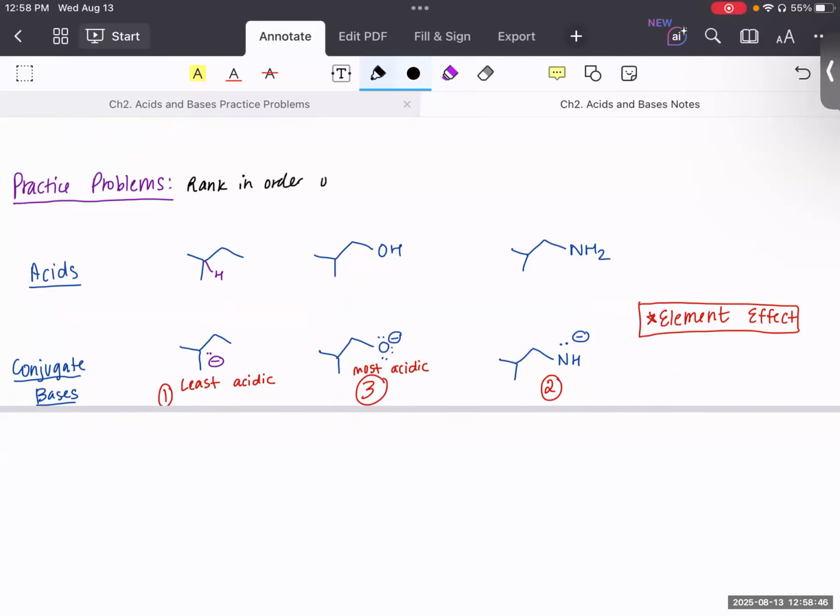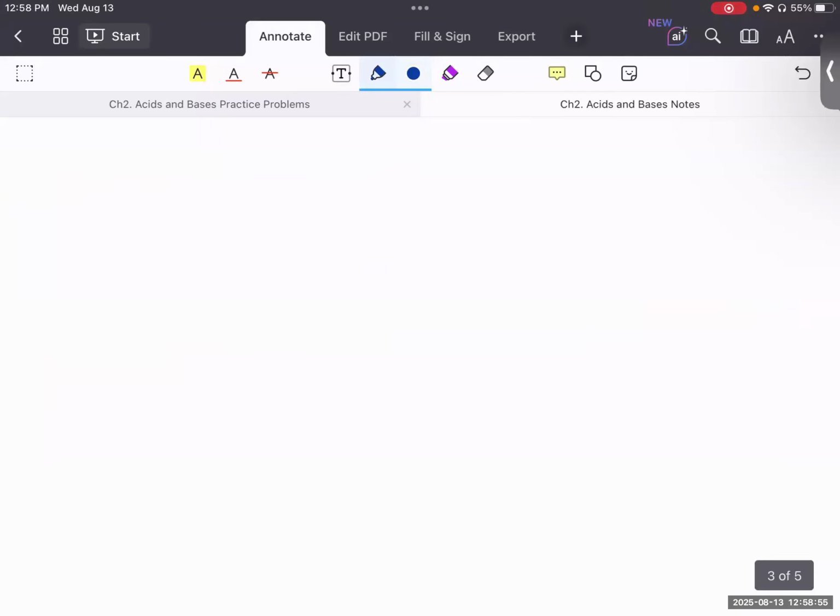All right, we can next do a different set of acids. And here we will have multiple different effects. So let's do this one. This one. And this one.